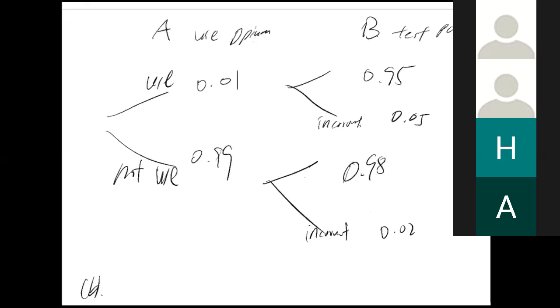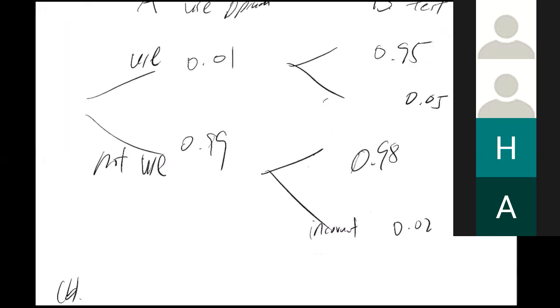In fact, I think inaccurate is not a good word here, because we are looking at whether it is positive or not. If the person uses it, the test is supposed to be positive, and if not, it's supposed to be negative. That is better for a tree diagram.